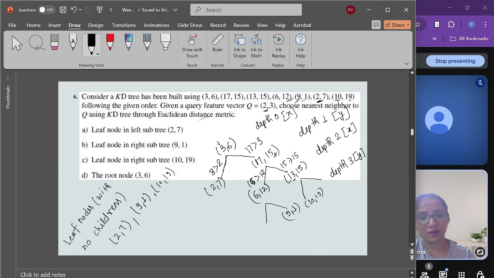Here we can also see that these values are very large compared to this one, so they should get a high equated distance. So we can just remove it also. So we will calculate the equated distance for 6, 12 and 9, 1.